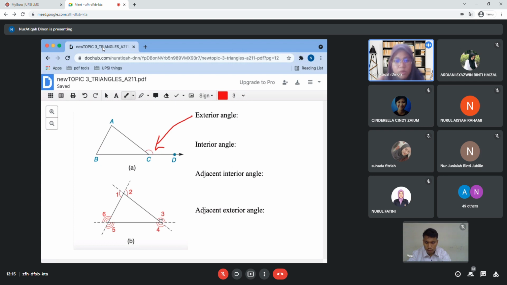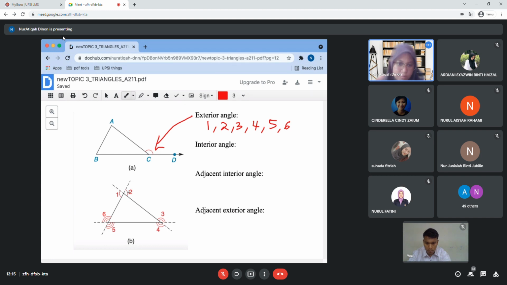Then the question now is, what are the exterior angles? Let me write it here. The exterior angles are 1, 2, 3, 4, 5, and 6, so it's all of these 6. The interior angles are these ones.